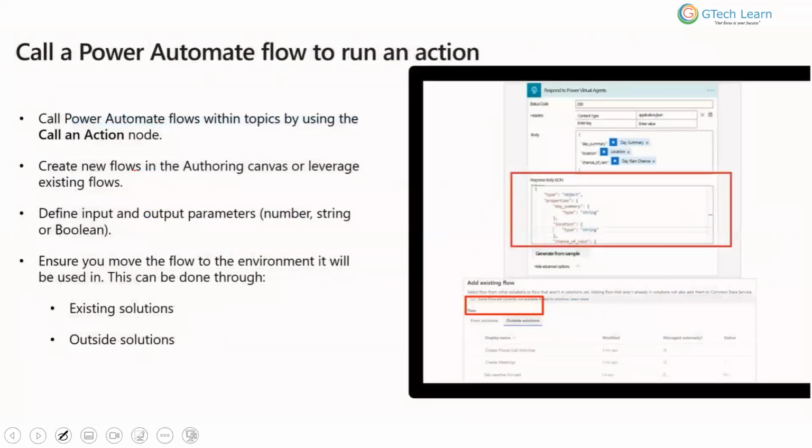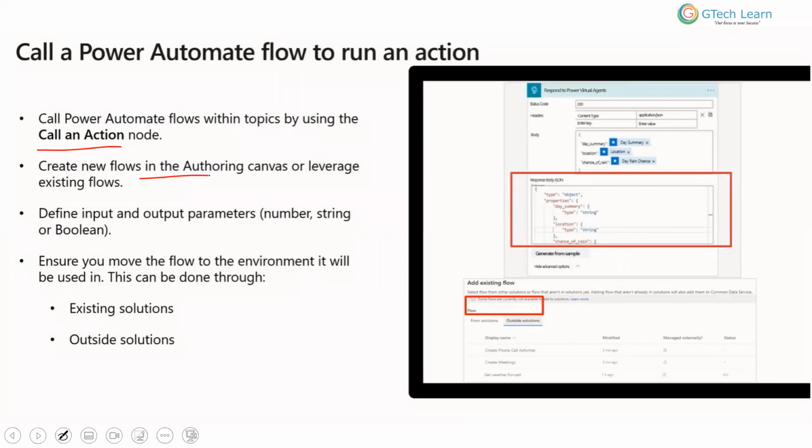Talking about calling a Power Automate flow. Whenever we are creating a chatbot, and in the chatbot I want to run some sort of Power Automate flow in the backend for giving the answers and retrieving the values from the Dataverse or from other sources, we can actually do that. And here are the steps written for doing so. We can call it using an action at the bottom, and then in the action, we can select the option called call an action.